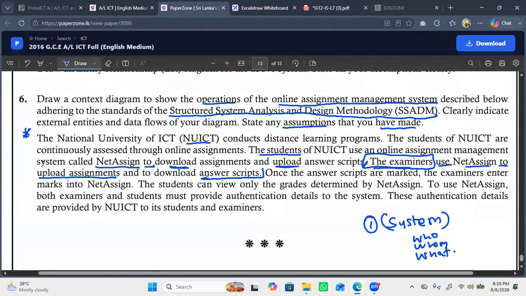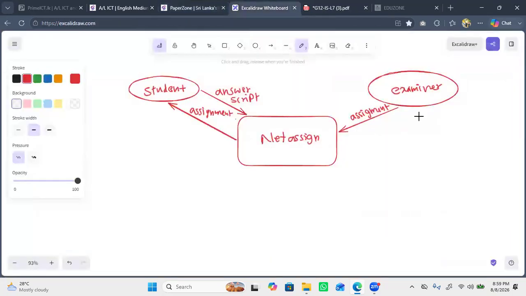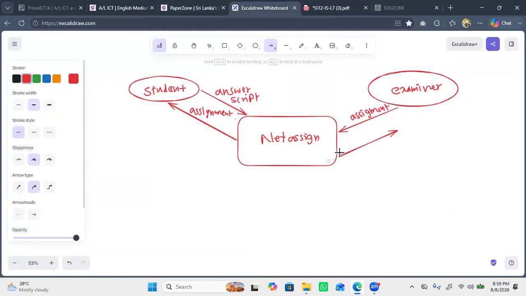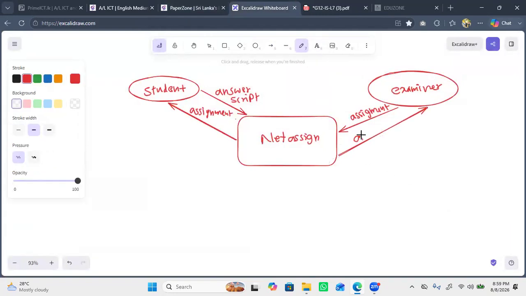I think the answer scripts he is downloading are the scripts that were uploaded by the student. The student uploads the answer script, this person downloads it and checks it. That should be the process. So from the NetAssign to the examiner, it is getting again what? Answer scripts.